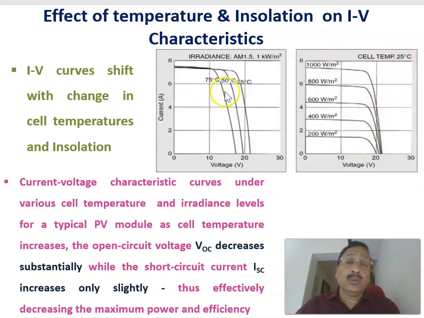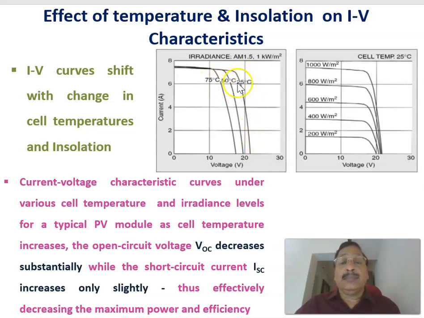The beta value is kept at 42 degrees, the air mass ratio is kept at 1.5, and the irradiation is kept at 1000 watts per meter square.